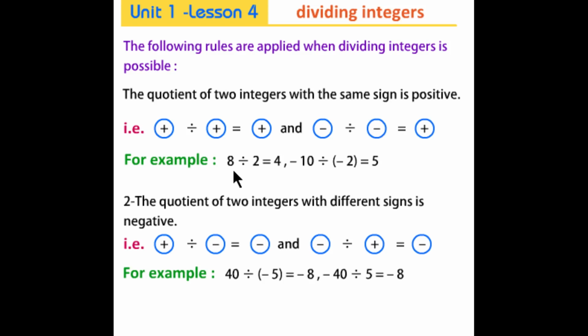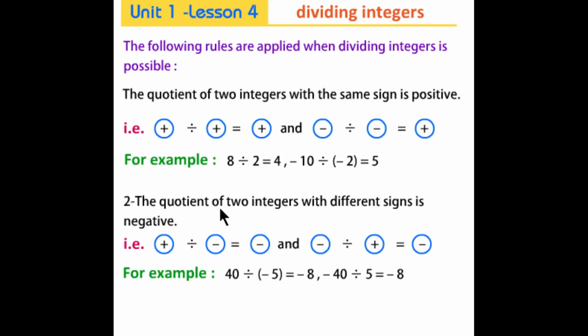For example, 8 divided by 2 equals 4. Positive divided by positive equals positive. Negative 10 divided by negative 2. At first, divide the signs. Negative divided by negative equals positive. 10 divided by 2 equals 5.